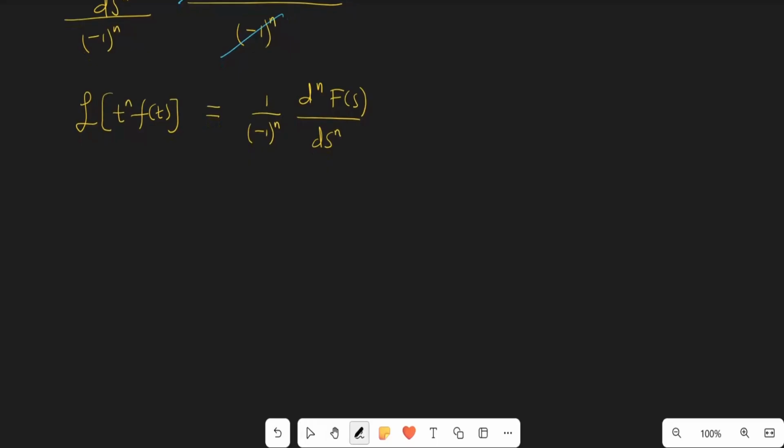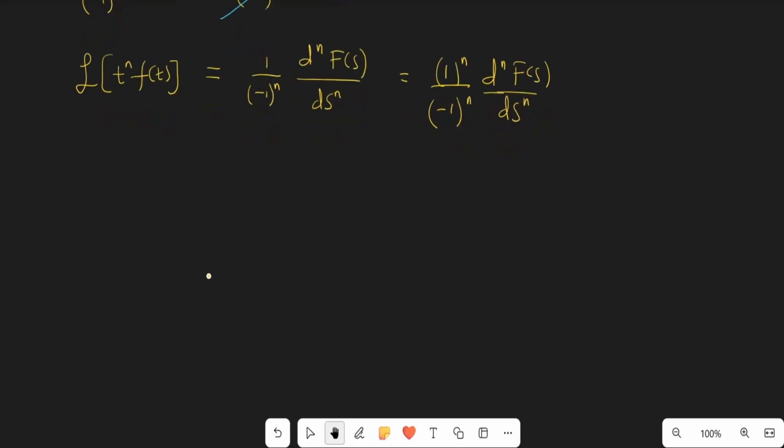Cool. Now this is equal to what? This one can be written as this. 1 can be written as 1 raised to the power n all over negative 1 raised to the power n, and multiplied by the nth derivative of this dsn. Cool stuff.